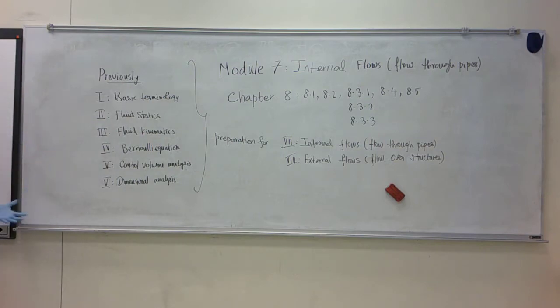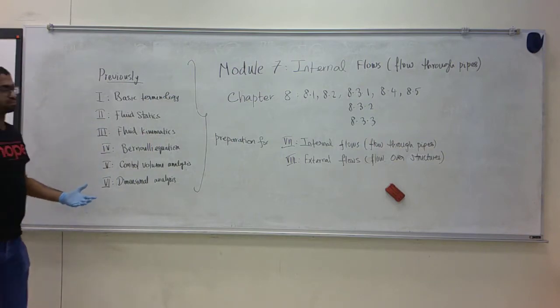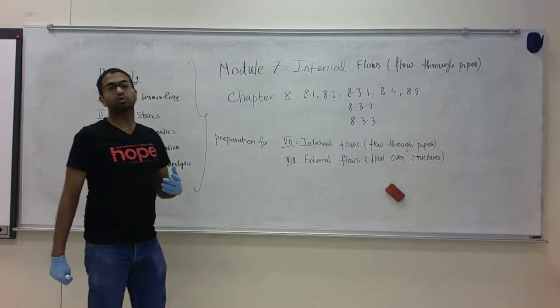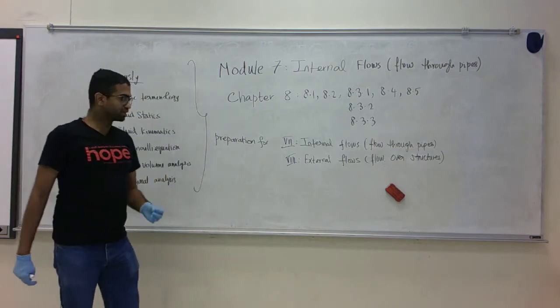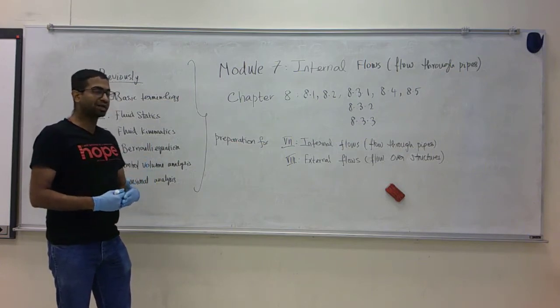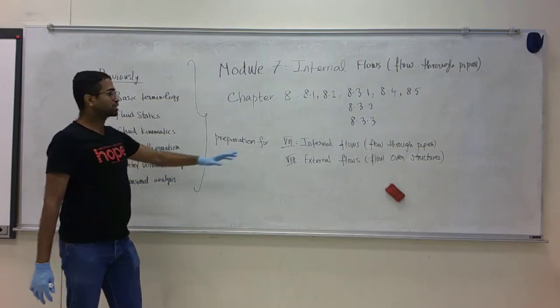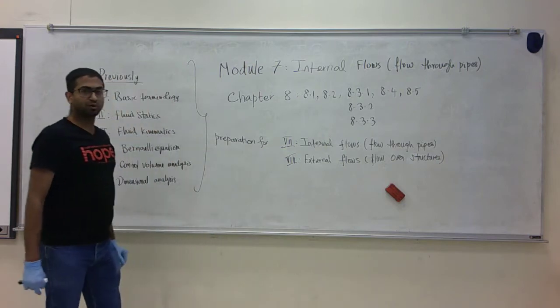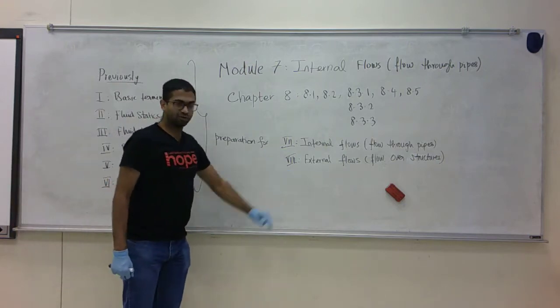Now, all of these topics are preparation for us to take on 2 of the biggest topics in this course, which are really on the application side, the most important ones: Module 7, internal flows, and Module 8, external flows.